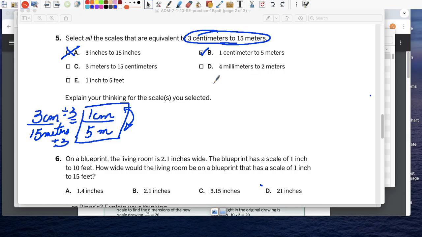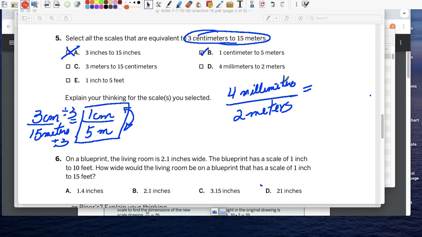4 millimeters to 2 meters. Well, can we change millimeters to centimeters?